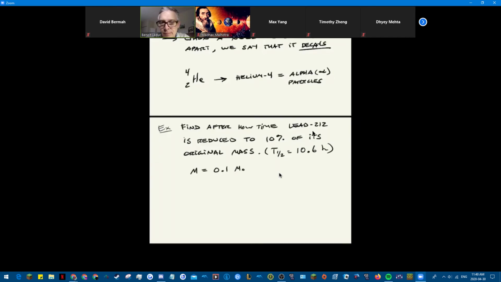So it's going to be this. If you use the equation, it's going to be that. And now what we're going to do here is, of course, put 0.1 M0, and of course, M0 here goes away.